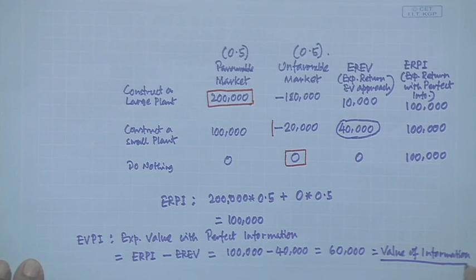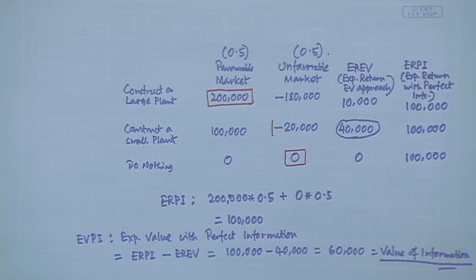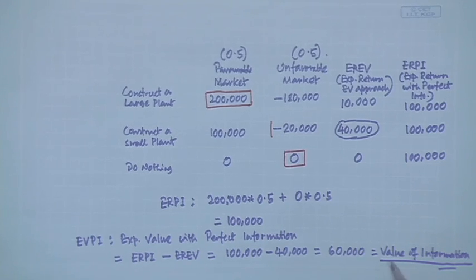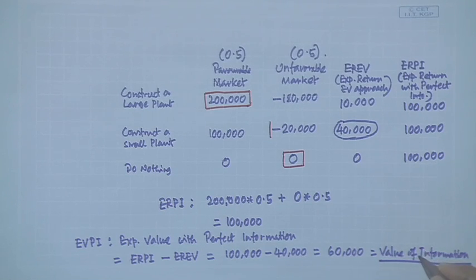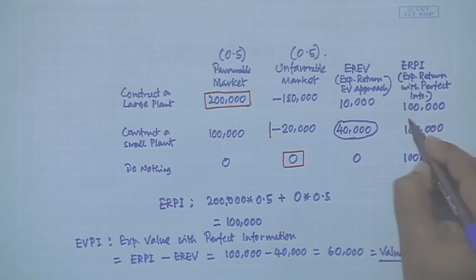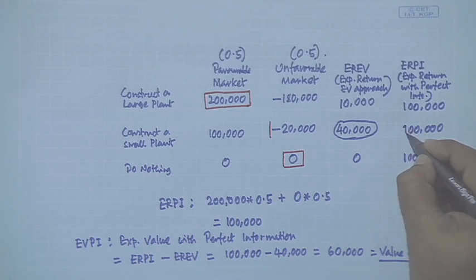That is the focus of discussion of today's class, that the value of information really is 60,000. That means, if someone would have given us the perfect information, we could have paid that person a maximum of 60,000. Why maximum? Because beyond that, if we pay, then we would have made a loss, because 40,000 is the payoff we have already got.